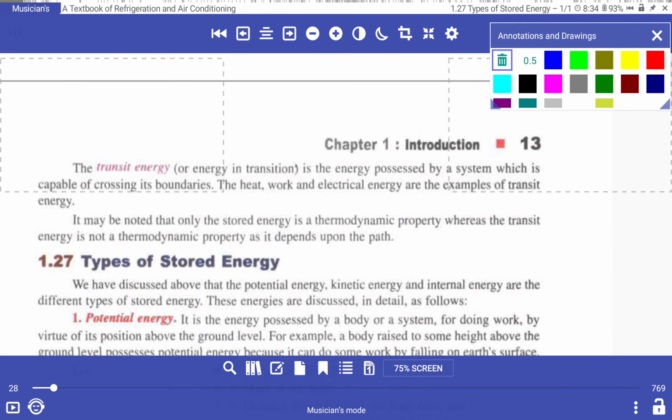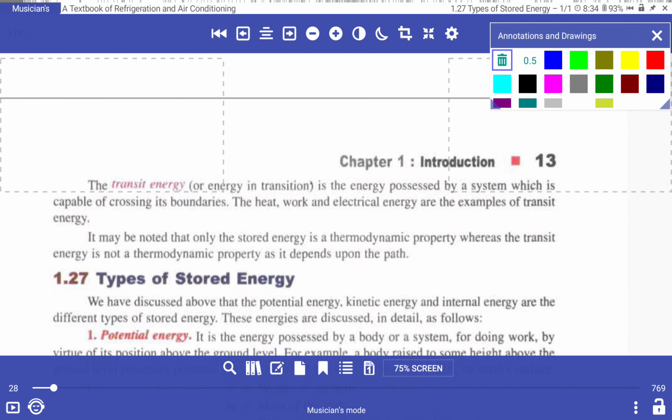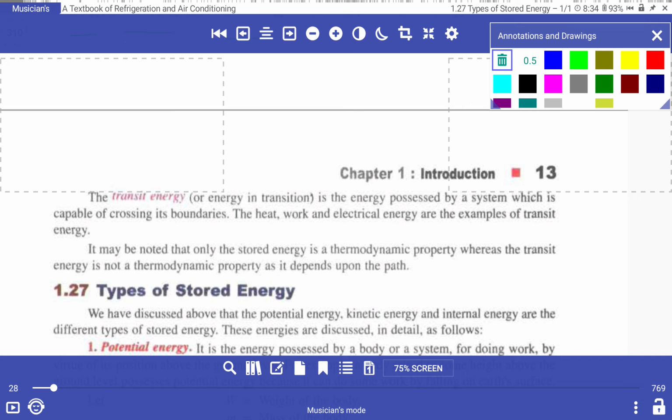So, what about the transit energy? Energy in transition is the energy possessed by a system which is capable of crossing the boundary.